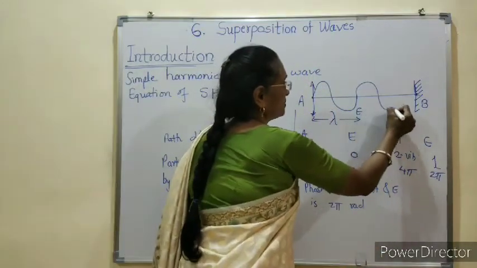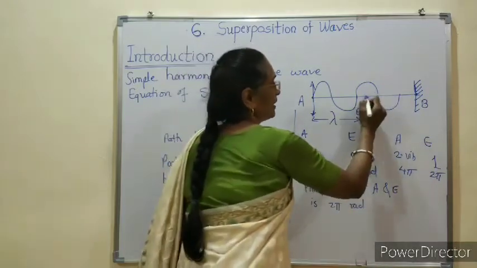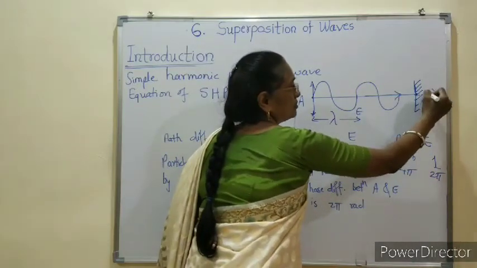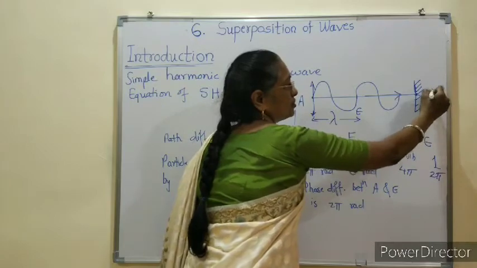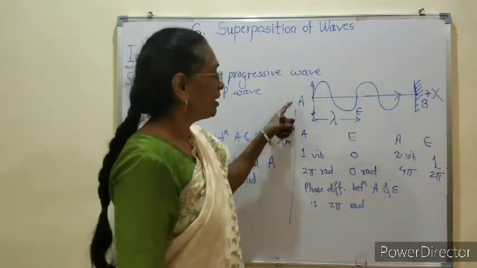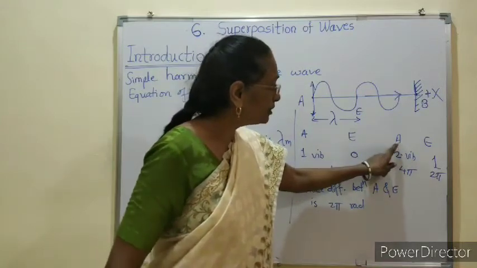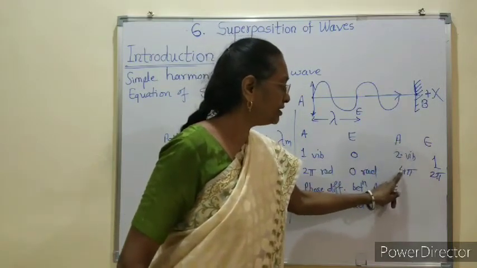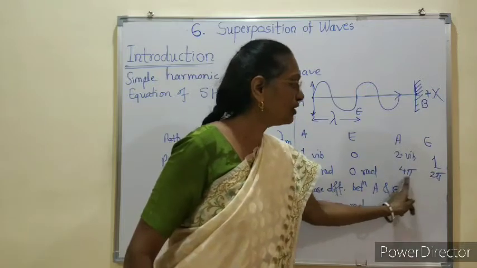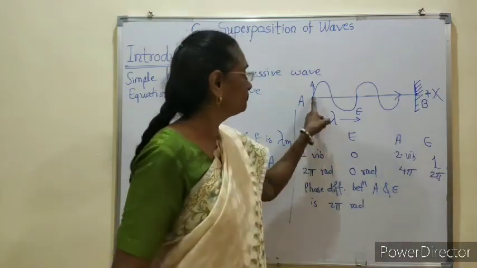But the wave travels further in the direction of propagation. Suppose this direction of propagation is the positive x-axis. So always between A and E there is a phase difference of twice pi radian.